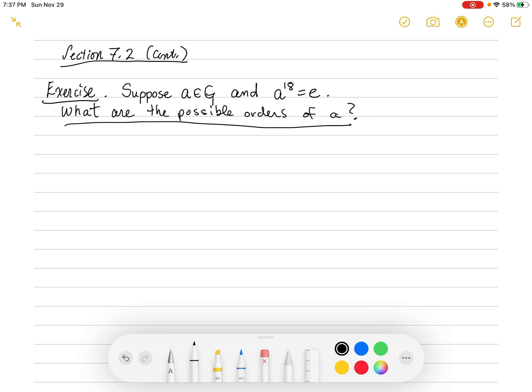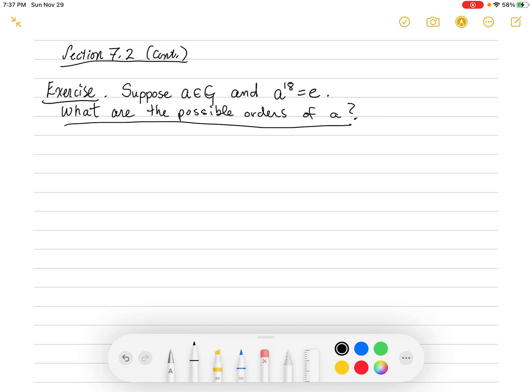So remember what the order of A is. The order of A is the smallest power that we can raise A to get the identity. So we know A to the 18 equals identity.